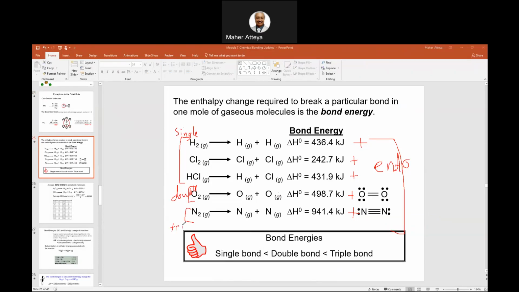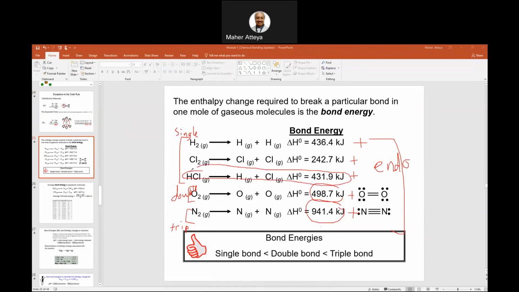So what you can see from the values is that for the triple bond, you need to put a lot of energy to break it into small pieces. Double is moderate, in between, and single is less. This one here is higher, correct?